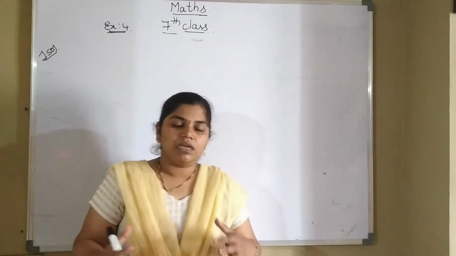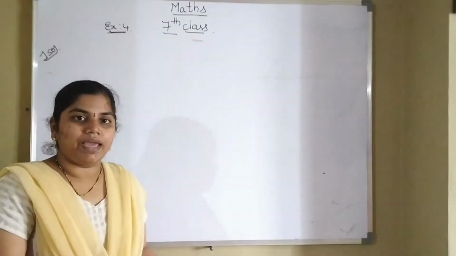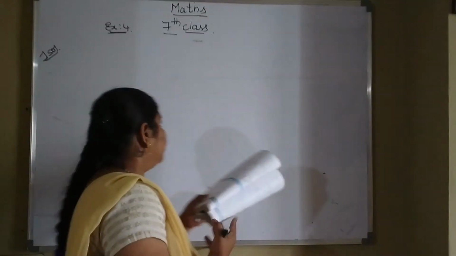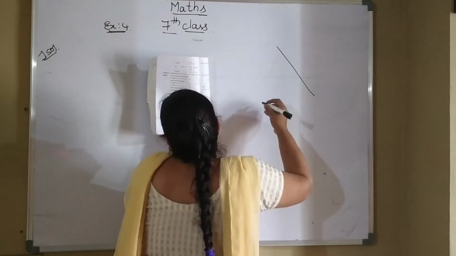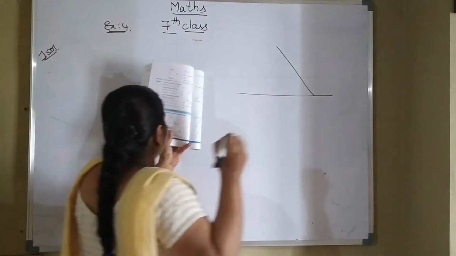Interior angles are angles which lie inside, and exterior angles are the angles which lie outside of a triangle. Okay, in this first bit, they have given one figure. By seeing that, you have to write which are interior angles and which are exterior angles.